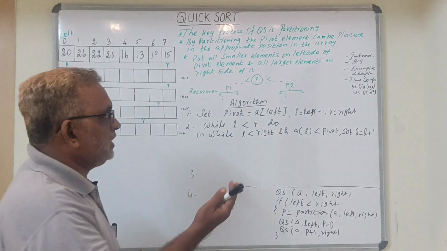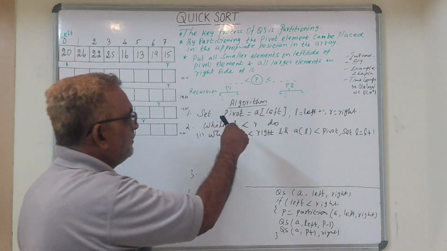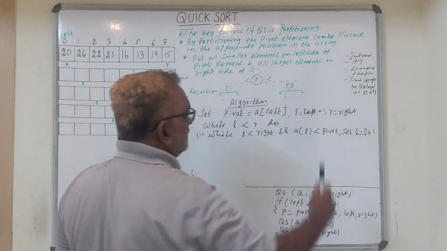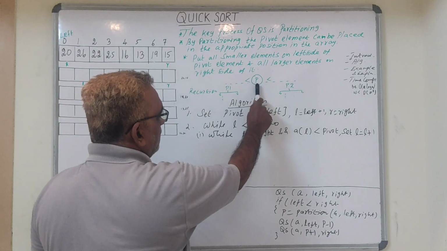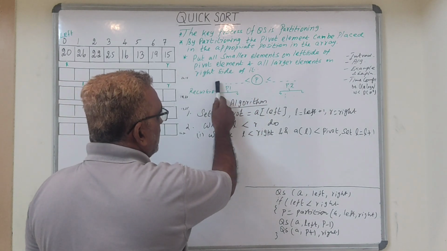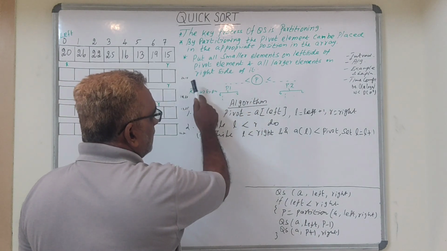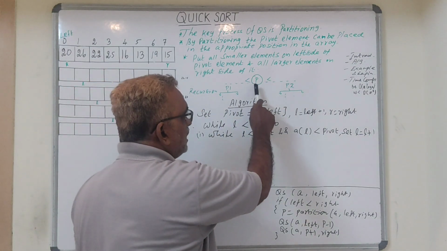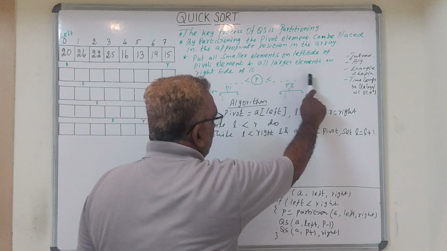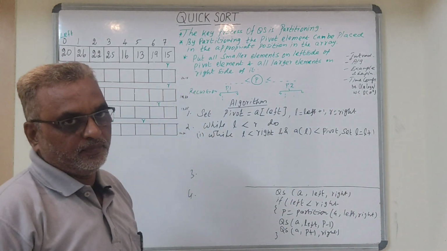The larger elements than the pivot element will be placed on the right hand side. For example, if I say this is the pivot element, all the lesser values will be on the left hand side, and all the larger values than the pivot element will be on the right hand side.